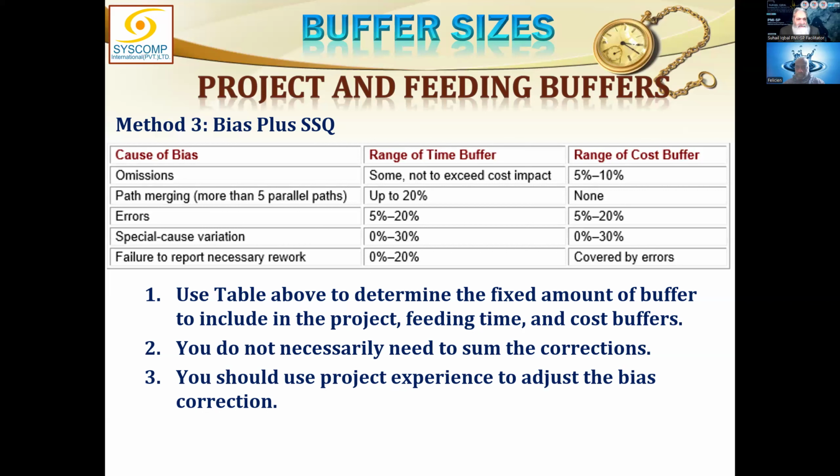As far as the cost buffer is concerned, we will consider that errors at 5 to 20% cater for the failure to report necessary rework. Anyway, this is just something which you could use in your project if you are seriously using one of these methods.